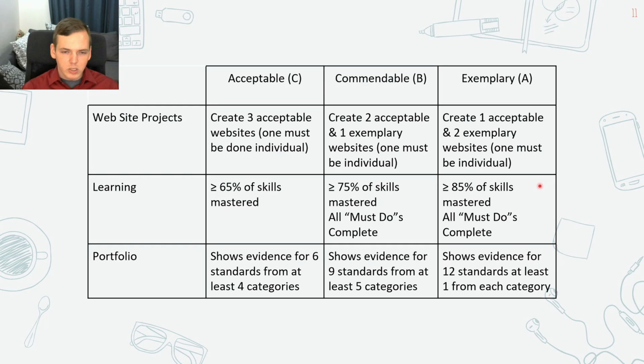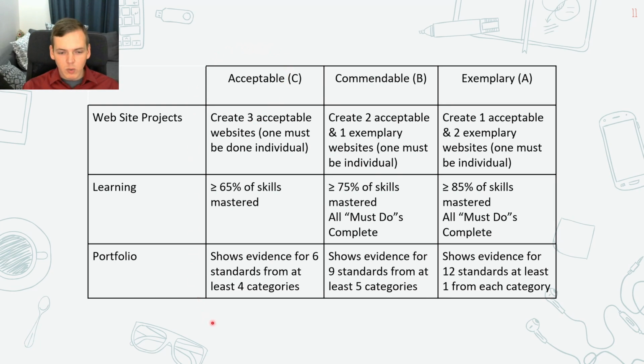Here's the grading contract for web design, and you'll notice there are 3 categories, 3 things that I'm going to assess and check from you, and there are 3 grades that you can end up with. So you can end up with a C, a B, or an A. Technically, you can also end up with an F, but I'm hoping that will not happen this semester.